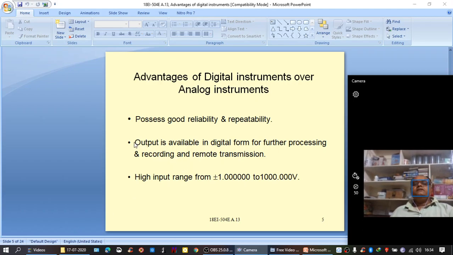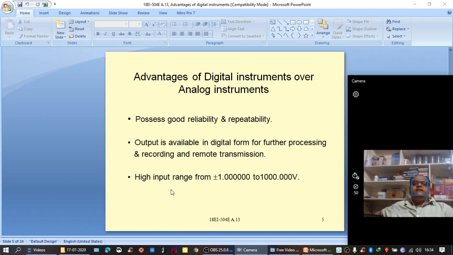So here the output of the measuring instrument can be recorded and processed in a processor and can be transmitted to remote areas also. Whereas in case of analog instruments, all these facilities are not available.